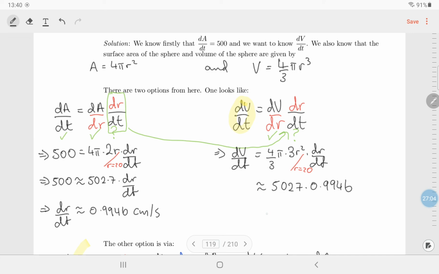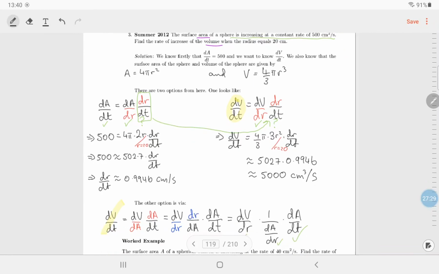Multiply those together at 4 significant figures, 5027 by 0.9946, we're talking 4999.8, which is 5,000. And it is the rate of change of volume with respect to time. Units of volume over units of time. Units of volume are centimeters cubed, and time is seconds. Okay, so that's by far the hardest of those.